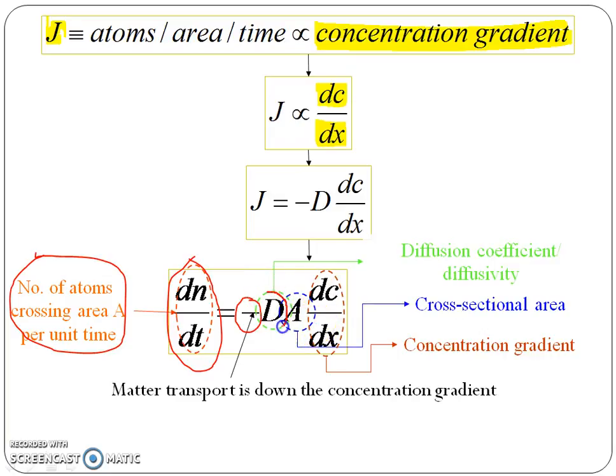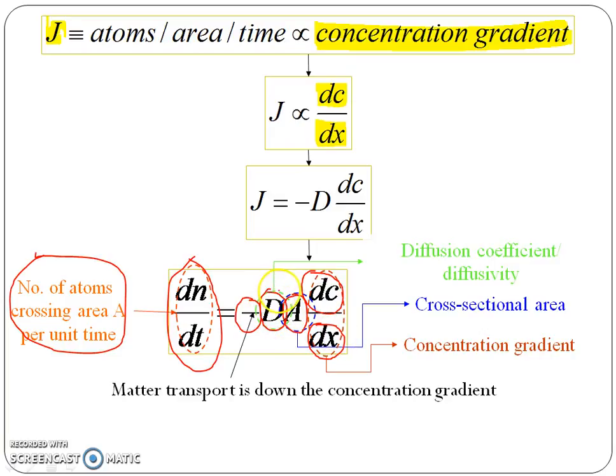D is the proportionality constant, A is the total perpendicular area through which diffusion is taking place, and dc is the concentration difference across the wall, or across the thickness, or across the distance dx. So dc by dx is the concentration gradient. So the total equation comes like dN by dt equal to minus D into A into dc by dx.